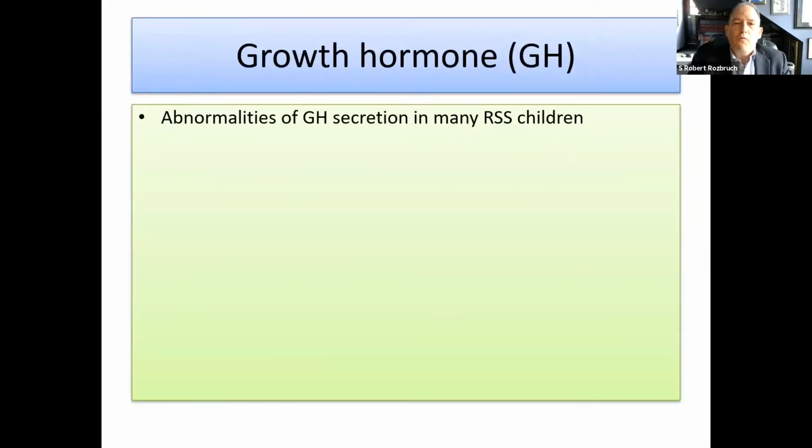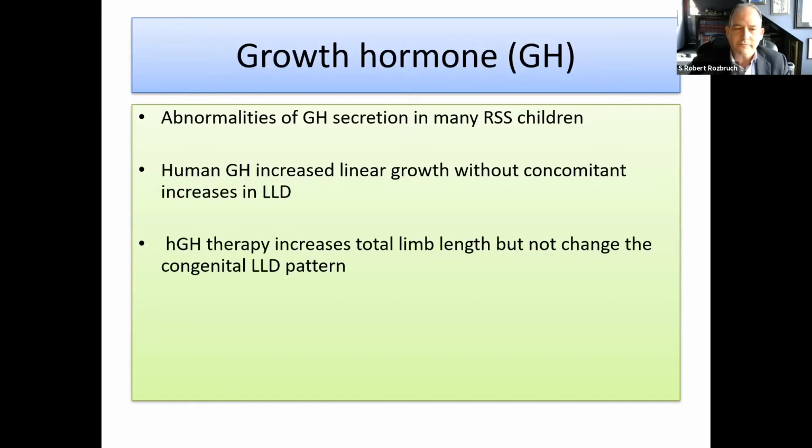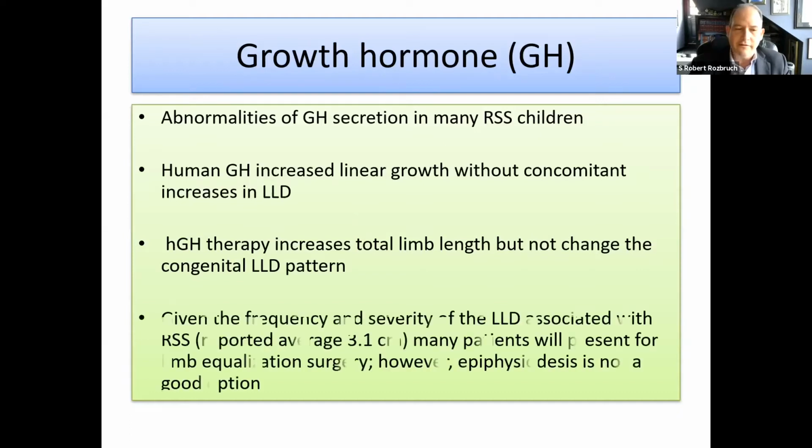When we look at growth hormone, there are abnormalities of growth hormone secretion in many children with RSS. And human growth hormone has increased linear growth without concomitant increases in leg length discrepancy. Human growth hormone increases the total limb length, but does not change the congenital leg length discrepancy pattern.